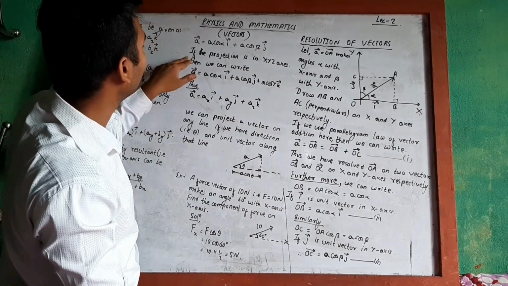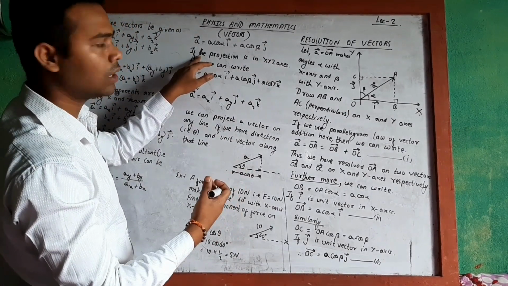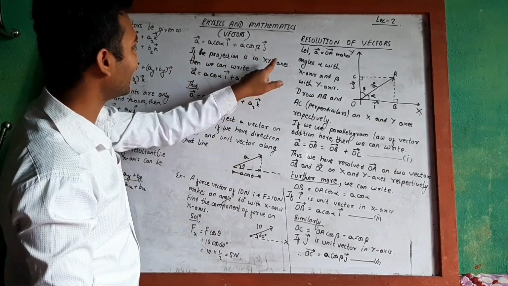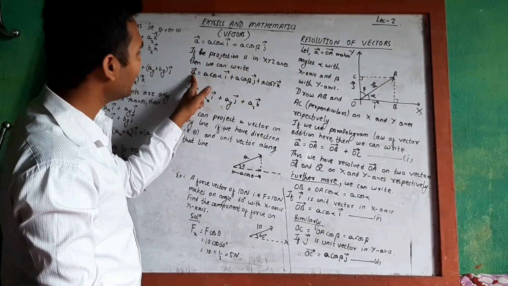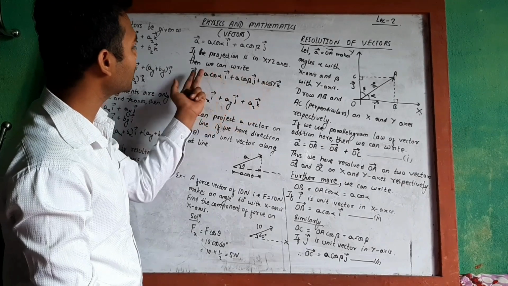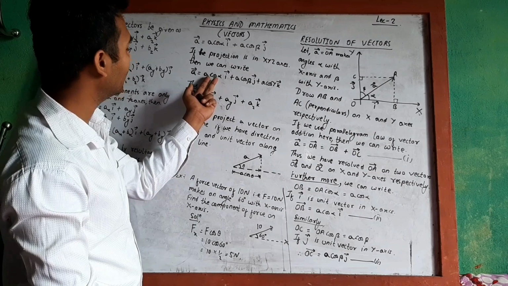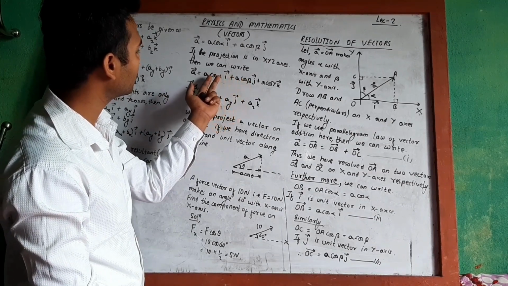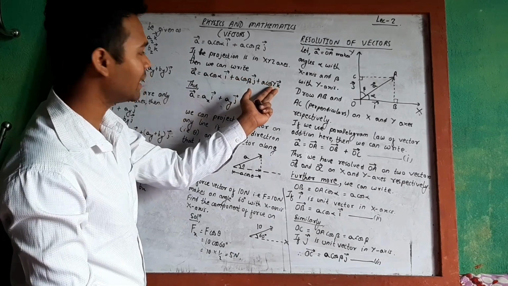Here, if we talk in three dimensions, or in the x, y, z axes, then we can write a single vector as the addition of three vectors. That means a single vector is the projection on the x-axis plus the projection on the y-axis plus the projection on the z-axis.